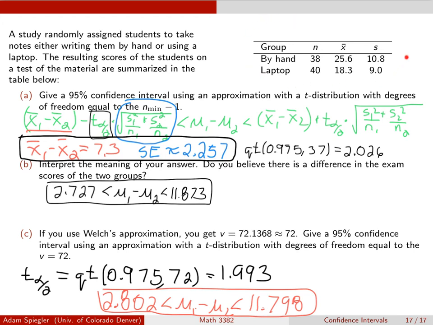Since in this example, all we have is summaries of the two samples, we would actually need to do these calculations ourselves, and we couldn't just depend on R. So in some of the problems that you're practicing, you may be able to use R if the data sets are already loaded into R. In some of the problems, you may only have summaries of those data sets and not the data sets themselves, in which case you're going to have to walk through the formula like we did in this example.